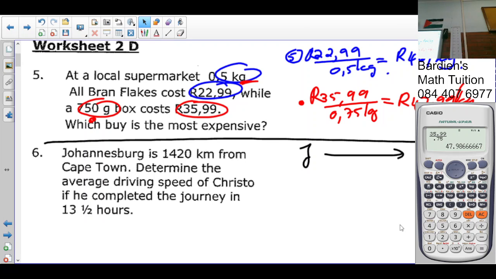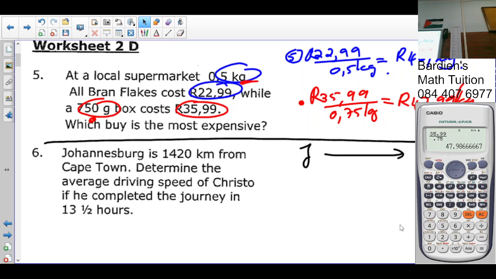Johannesburg Airport. It says 1,396 kilometers. So yes, 1,420 is about right.